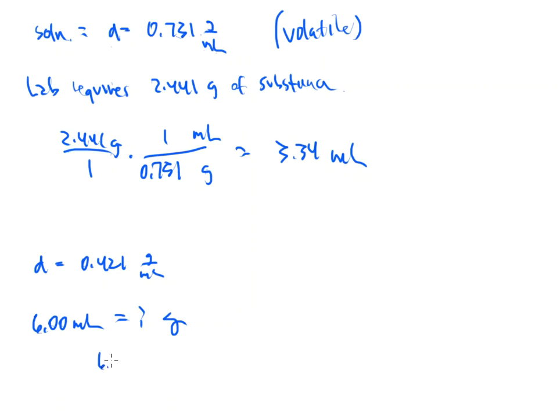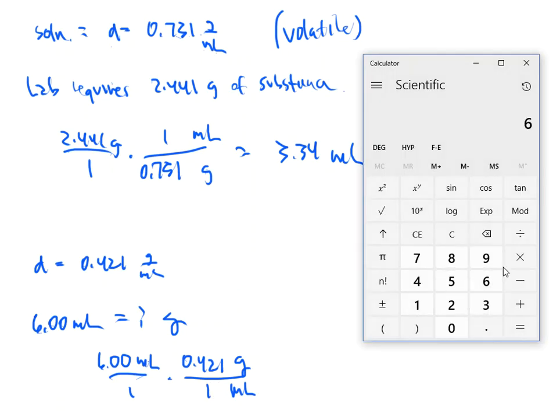So I'll set my dimensional analysis up, 6 mils over 1, right? Bring in your extra step, mil on top, mil needs to go on bottom, and I need to go to gram. I know that gram to mil is related by density. So 0.421 grams, there's my gram, so 0.421 grams per 1 mil. So 1 is going to go there. So I'll take my 6 and I'll multiply it by 0.421 and I hit enter.